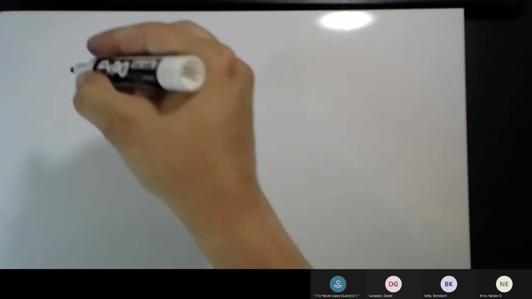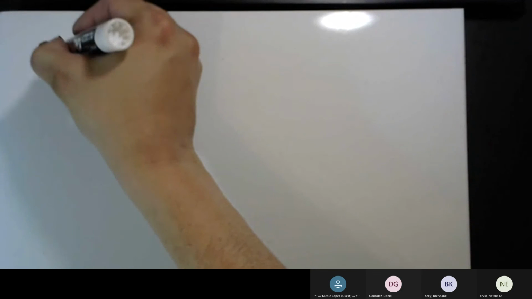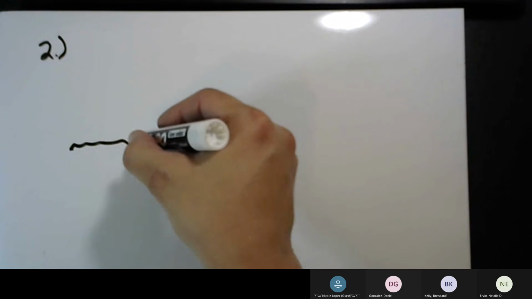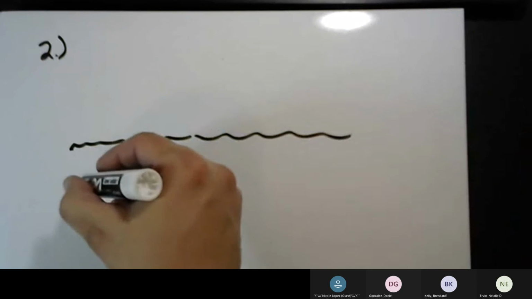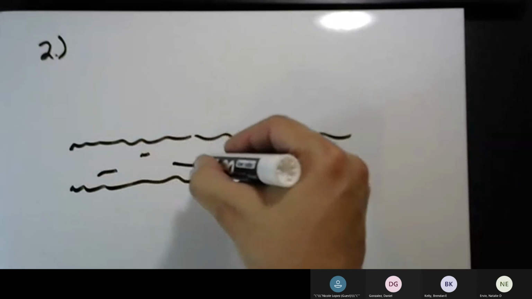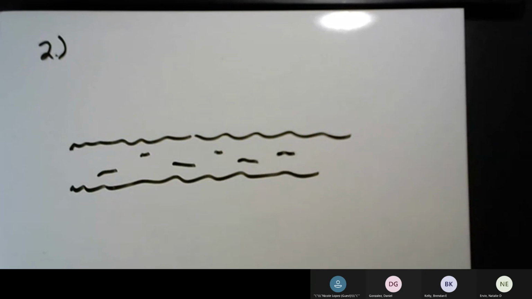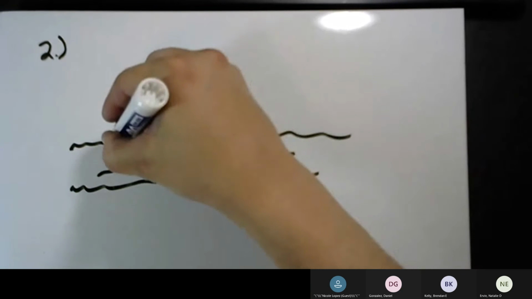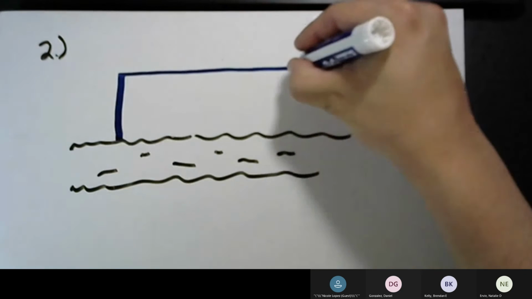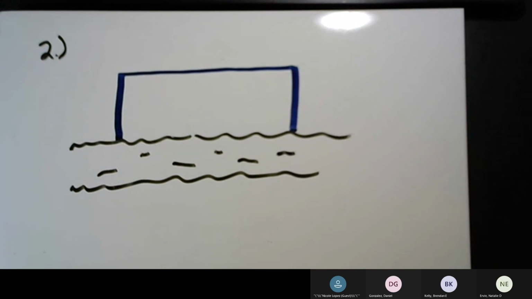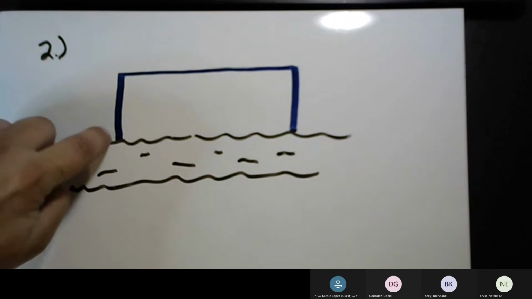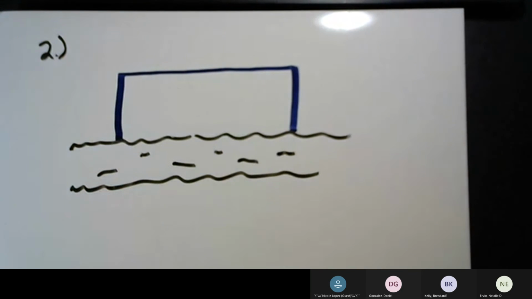So let's make a little more sense of this. Let's draw a picture. So here's the river. And here's your fencing. So the fencing from here to here to here, that's going to be 800 meters. So that's what you're going to do.